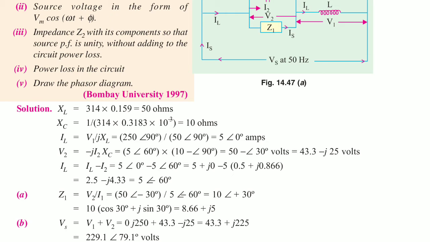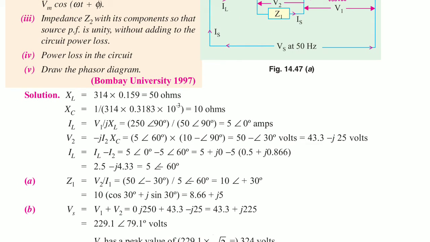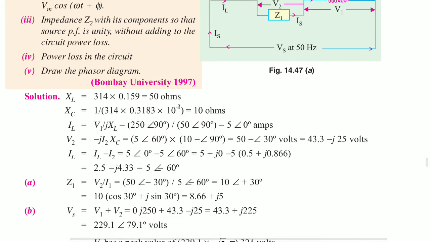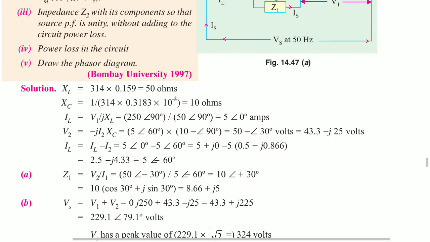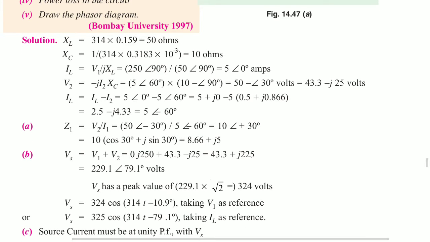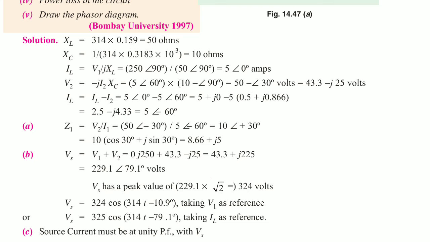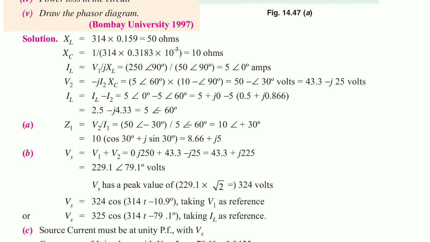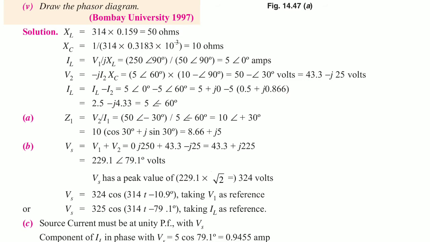The 90 degrees cancel, so 250 by 50, angle of 0, amps. V2 is minus j I2 XC, that is equal to 5 angle of 60 degrees into 10 angle of minus 90, so that is equal to 50 angle of minus 30 degrees volts, that is equal to, in rectangular form, 43.3 minus j25 volts.